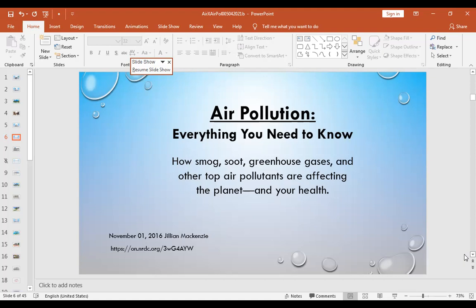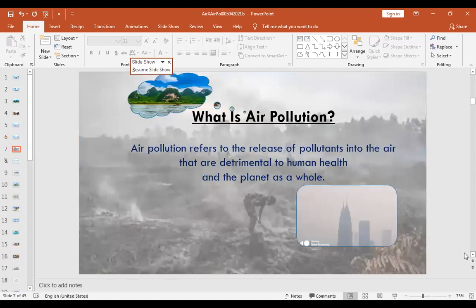I think it's very important for all of us responsible citizens and even the irresponsible ones to find out, because no matter what, we are affecting the people around us plus ourselves in terms of health. So let us understand what is air pollution.